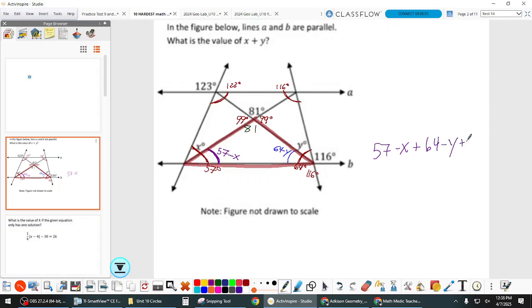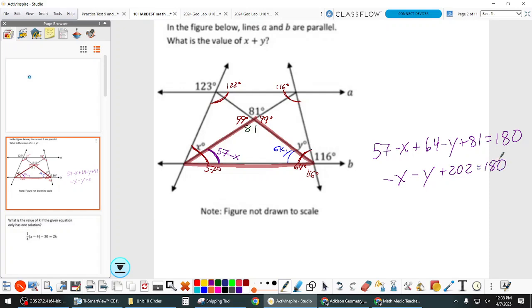Plus 81 equals 360. Wait, no, 180, yep, in that triangle. Good. Okay, 57 plus 64 is 121. Plus 81 is 202. So then we get this. 202.